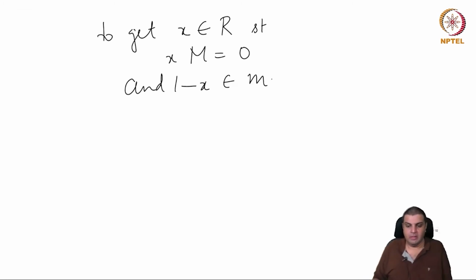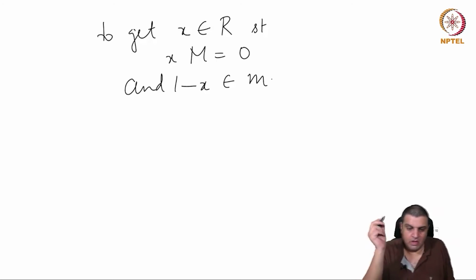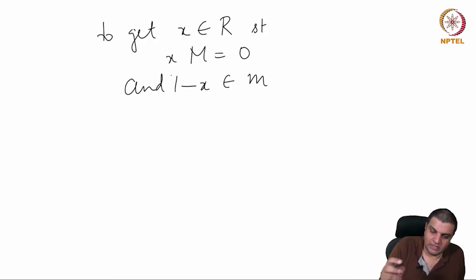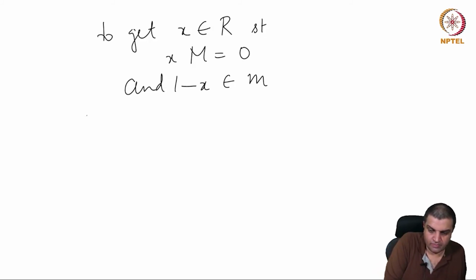But let's see what x is. We claim that x is a unit. Consider the ideal generated by x.